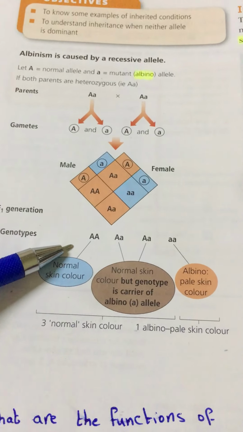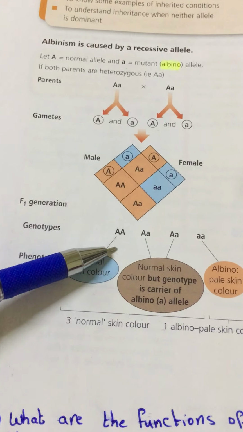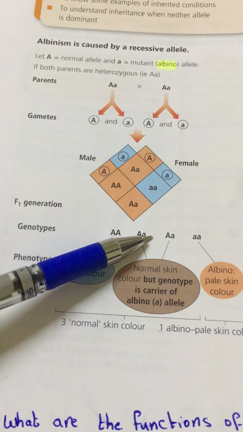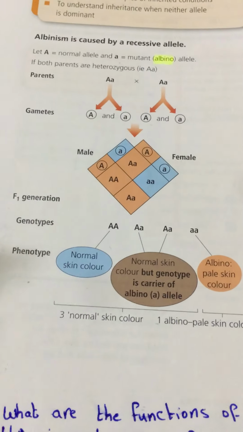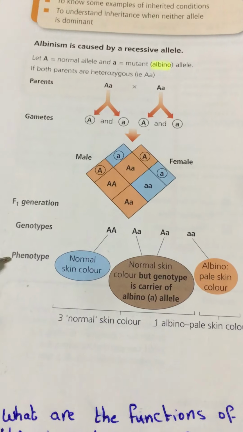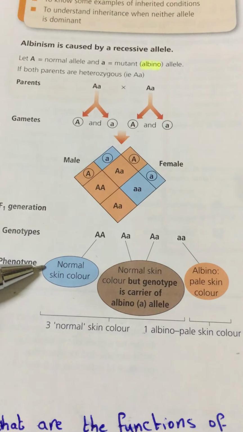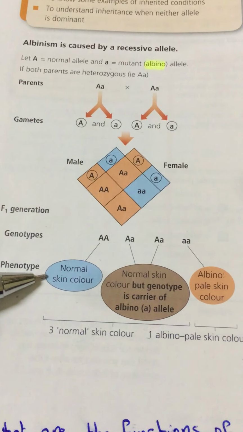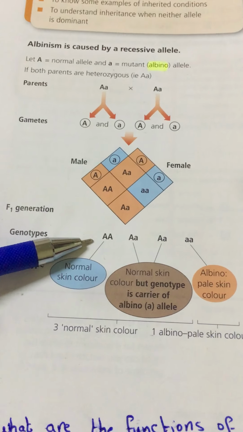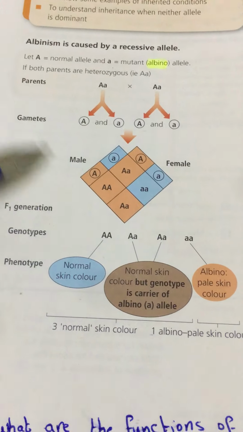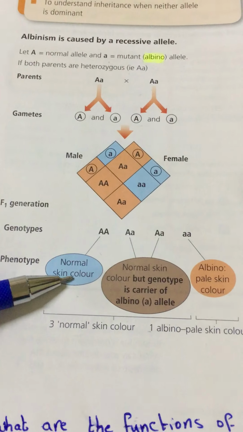Now, what are the genotypes of the first generation? We have four genotypes, which are A capital A capital, A capital A small, A capital A small, and A small A small. What about the phenotype? What are the features that appear on the offspring? The A capital A capital offspring carries normal alleles, so he has normal skin color.